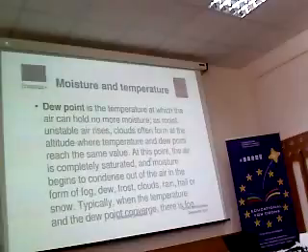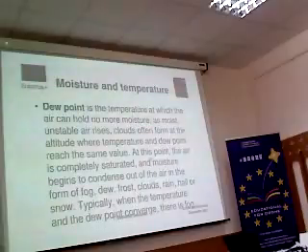At this point the air is completely saturated, and moisture begins to condense out of the air in the form of fog. Sometimes early in the morning we see some fog.